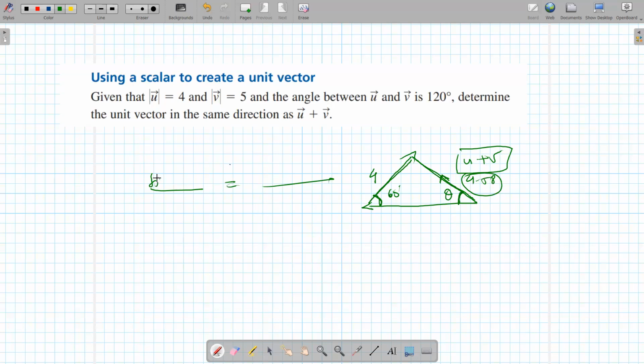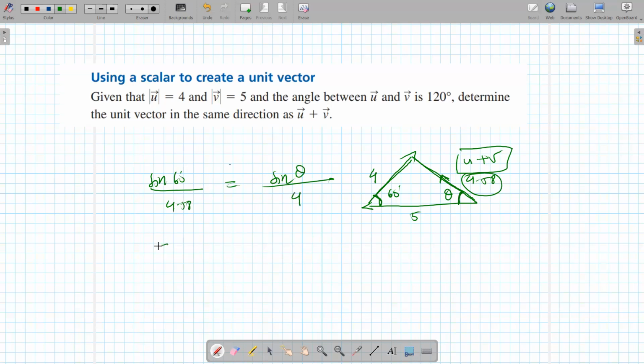In fact, I'll give you, it's going to be sines on top. Sine 60 over 4.58. What about on the other side? Sine theta over 4, exactly.